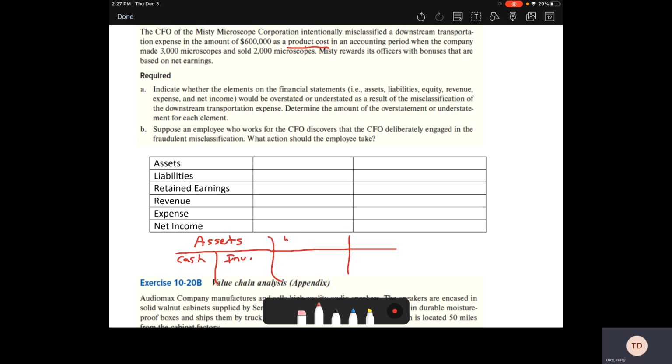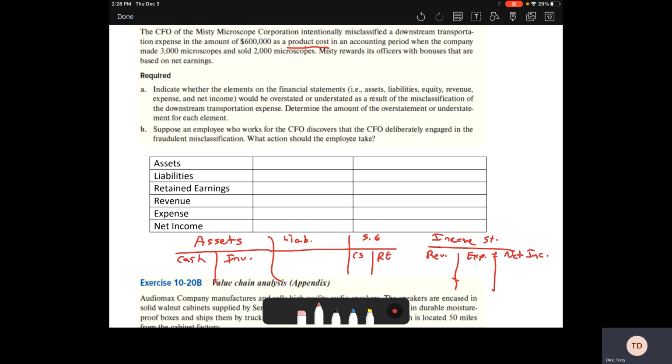We've got our liabilities. We've got our stockholders' equity, which would be common stock and retained earnings. And then if we look at our income statement, we've got our revenues and our expenses, which equals our net income.